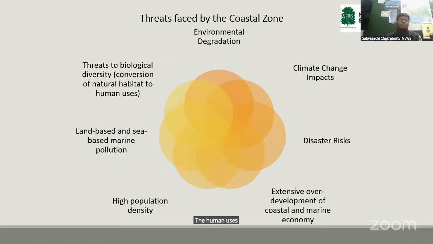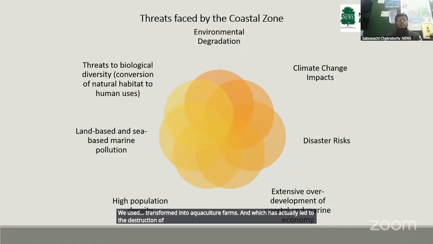Like the mangroves have been deforested and the areas are now transformed into aquaculture farms, which has led to the destruction of the natural habitats of many animals.